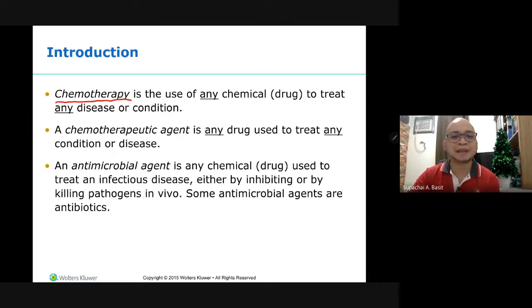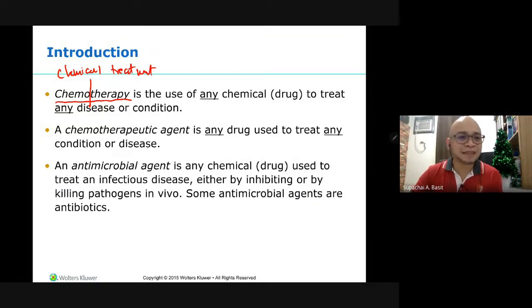So, contrary to many beliefs, many people would think that when you say chemotherapy, we are just using this in treatment of cancer. But in reality, when you say chemotherapy, it literally means chemical treatment.